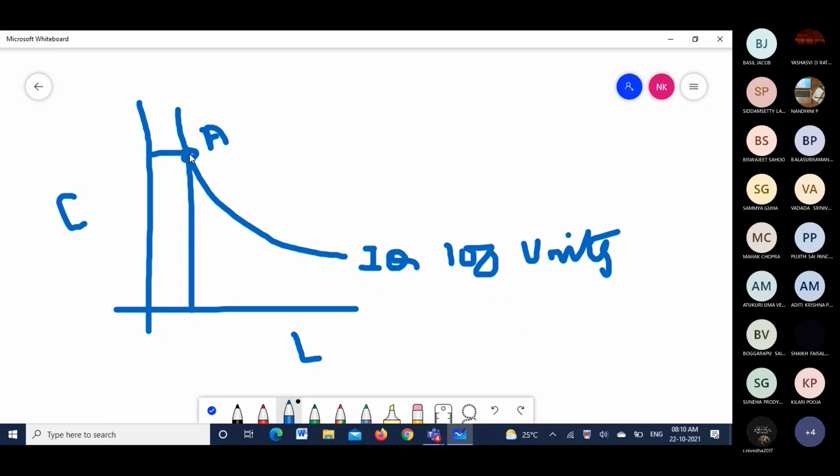At point A, we are using more capital and less labor. At another point B, more labor is used and less capital, and the same 100 units is being produced. So these are the combinations of the two factors, capital and labor, by which we can get the same level of output. So the isoquant represents the same level of output.